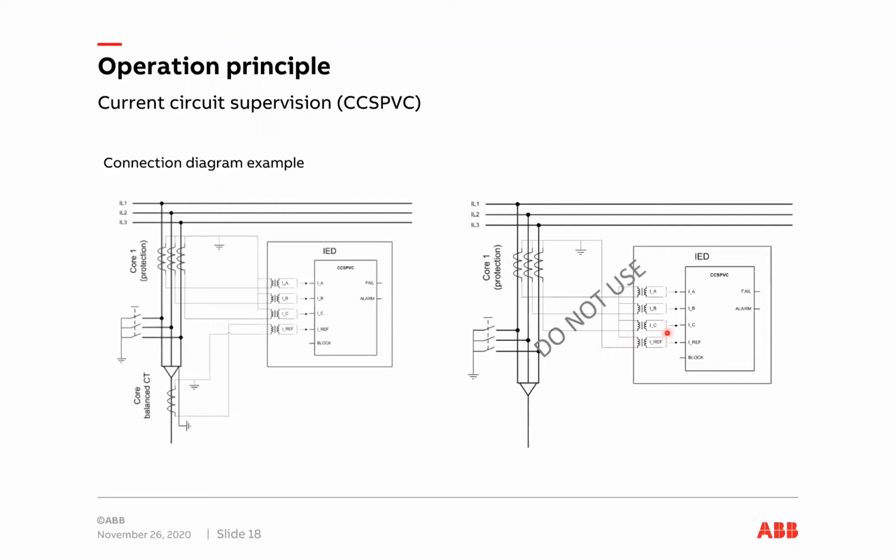So the reference current measurement needs to come from either a separate core from the three-phase current transformers, or from a core balance CT. It's also possible to use the measurement core in the CTs.